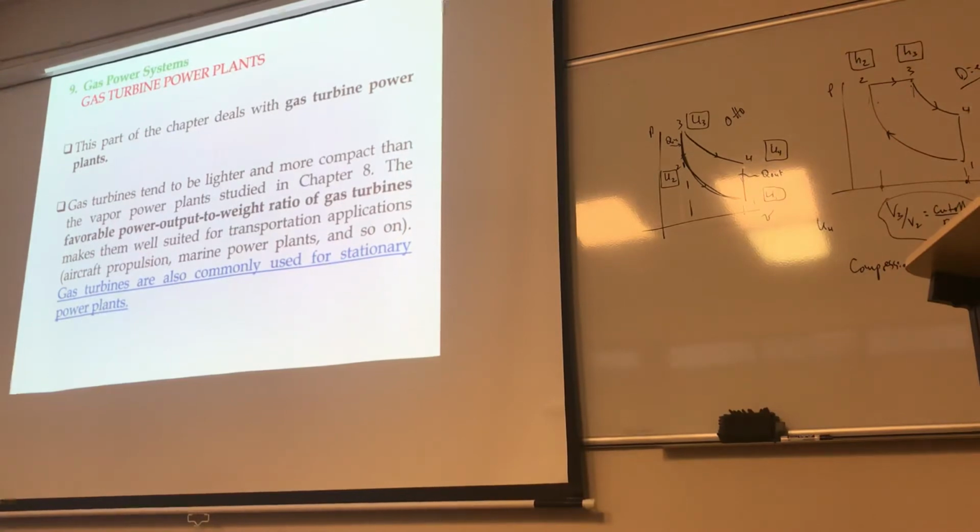Now you can put them in things that actually move, like aircraft propulsion, marine power plants, and so on. Gas turbines are also commonly used for stationary power plants. I mean, it's not just for things that move, but you can also use them for stationary power plants.